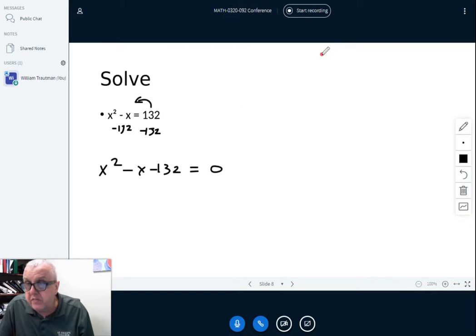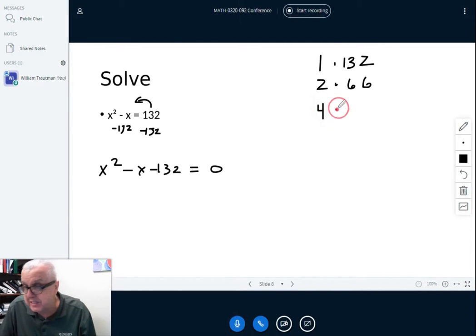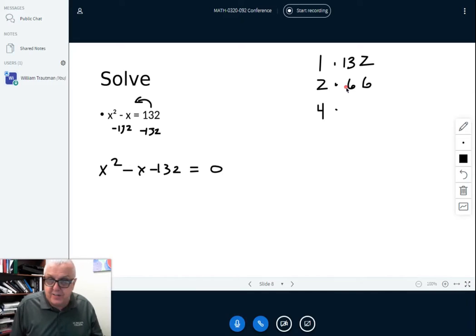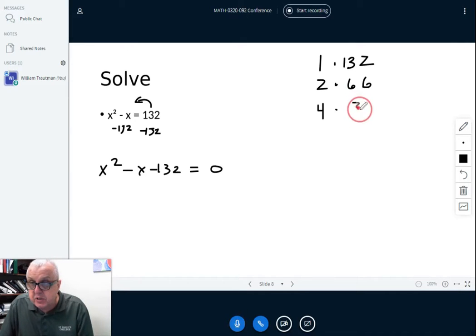So I want to factor this using the 3-term method when the number in front of x squared is 1. All the factors of 132: 1 times 132, 2 times 66. I see another 2 factors out of there, so I can use my calculator. If I do 132 divided by 4, I get 4 times 33.